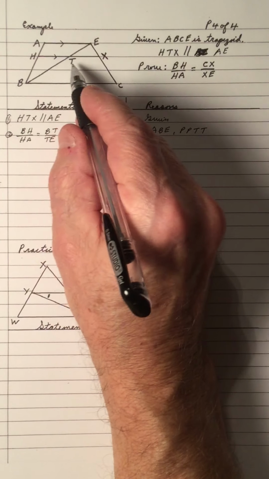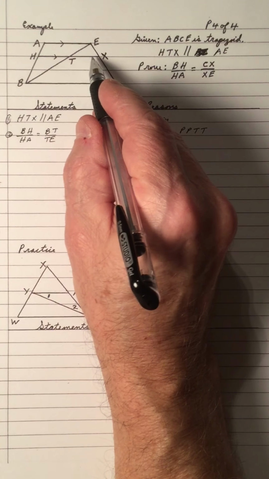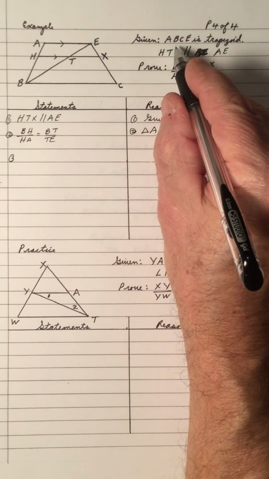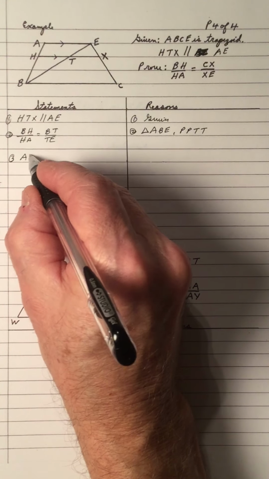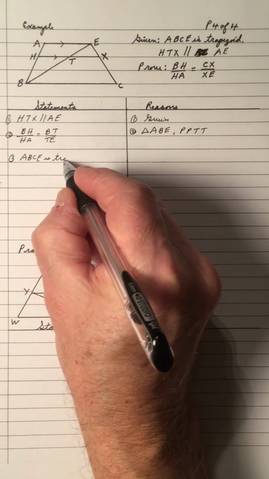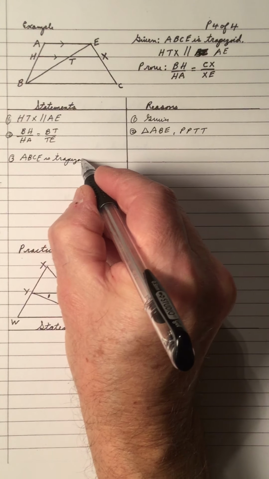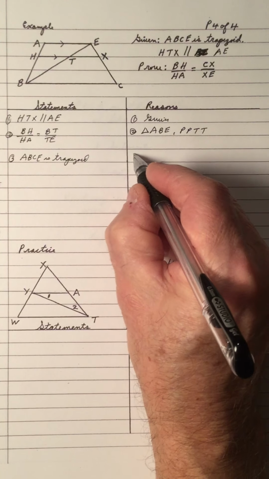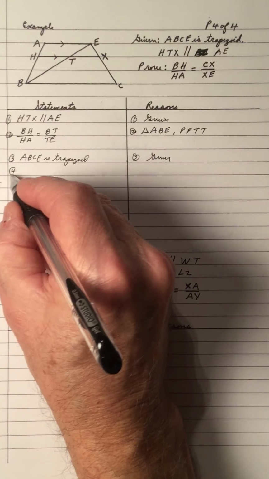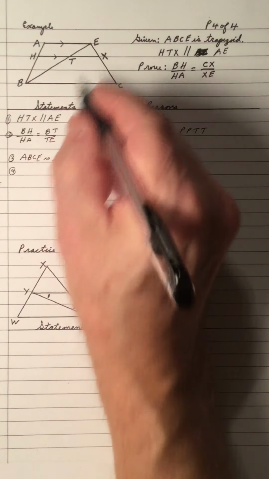Now we need to get the parallel lines here. But what happens is that we have a trapezoid. So I have ABCE is a trapezoid. Now, why did I give you a trapezoid? Because in a trapezoid, the bases are equal.